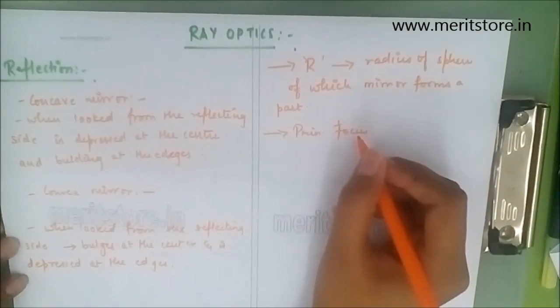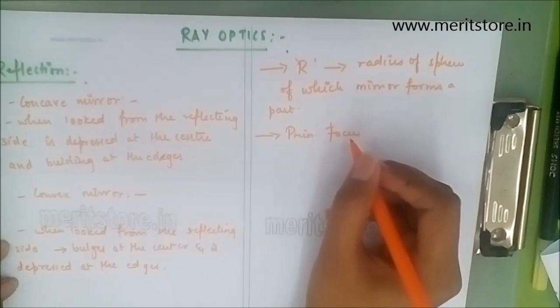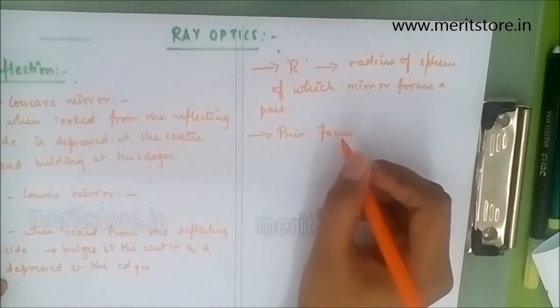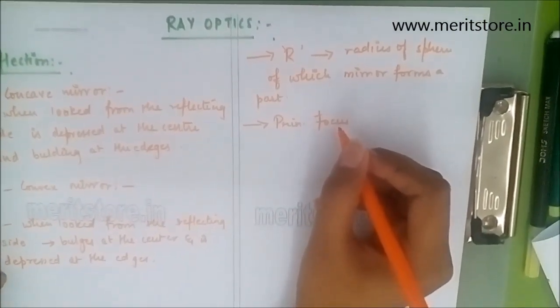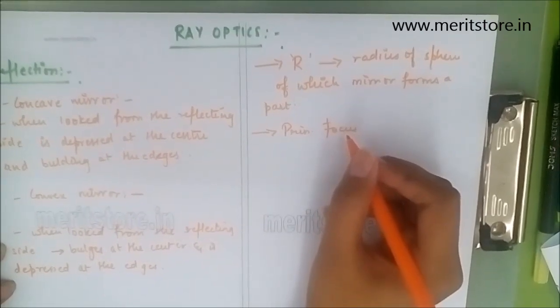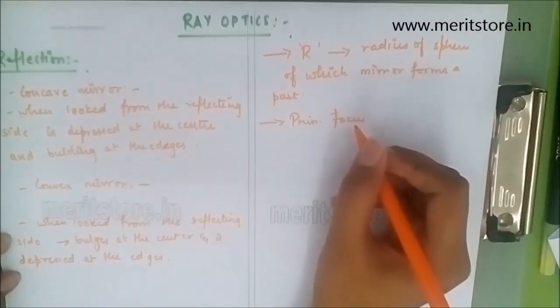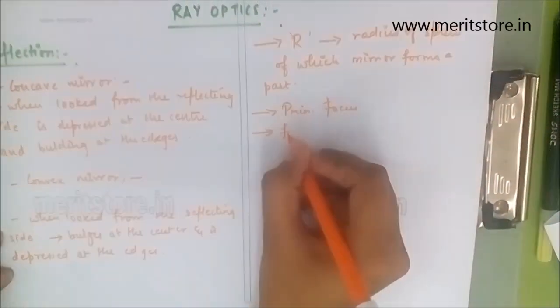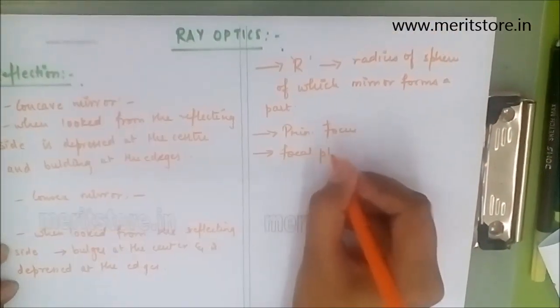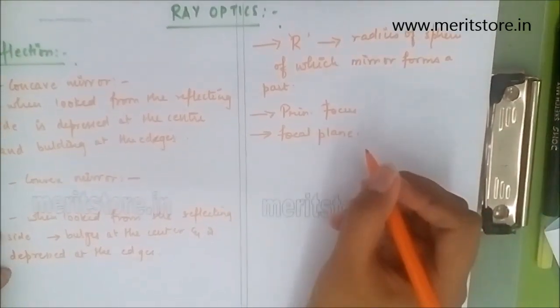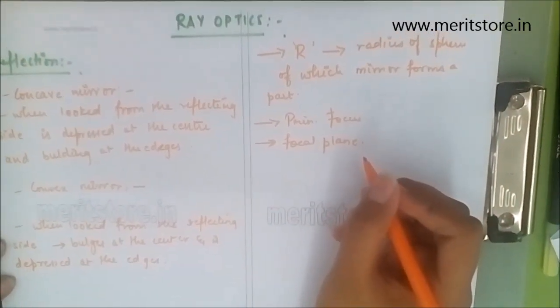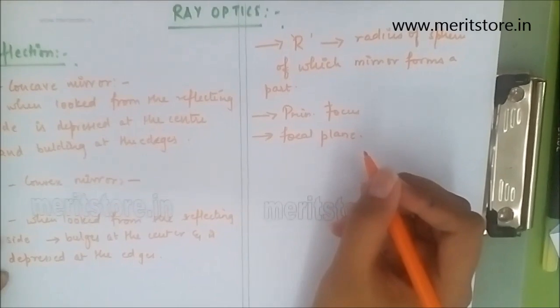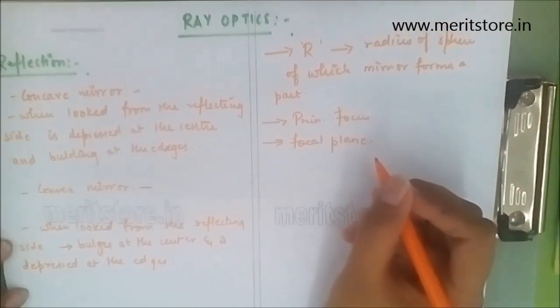Principal focus is a point situated on the principal axis at which a beam coming parallel to the principal axis meets or appears to meet after reflection from the mirror. Focal plane. It is a vertical plane passing through the principal focus and perpendicular to the principal axis.